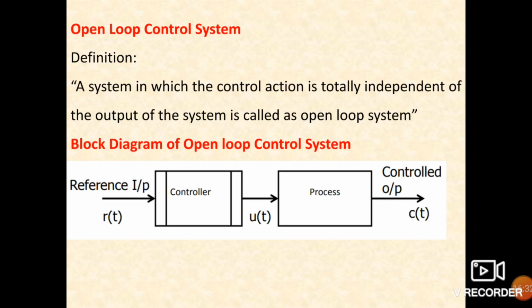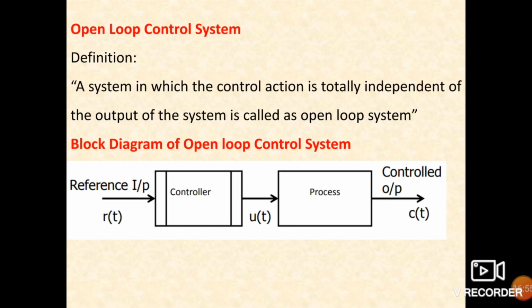That is, the control system does not automatically correct the variation in its output. That's what we are saying in an open loop system. In an open loop system there is no mechanism for automatically correcting the variation in the output.